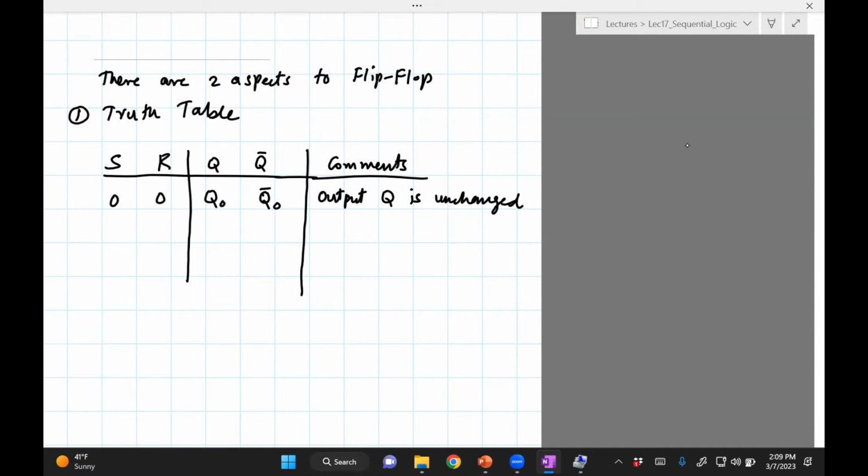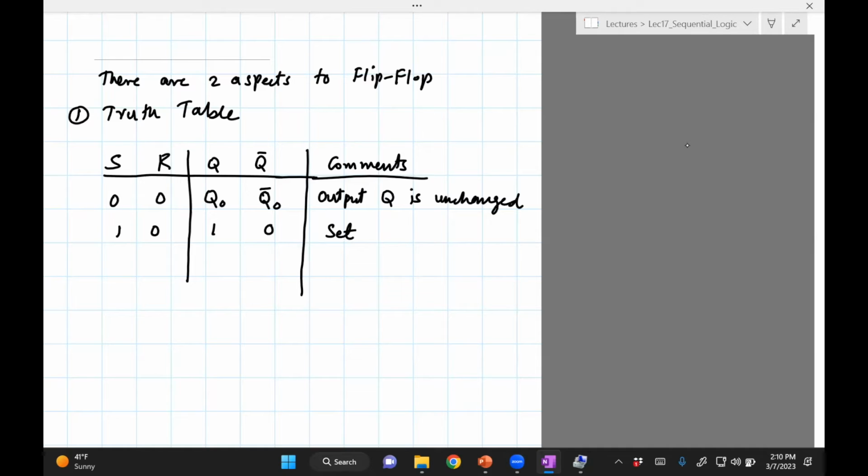Okay, so it does not really do much with the output, but we are sometimes interested in changing the output. So if you set S equals 1, R equals 0, then automatically Q becomes 1, irrespective of what was stored in the past. And so this function is known as the set function.